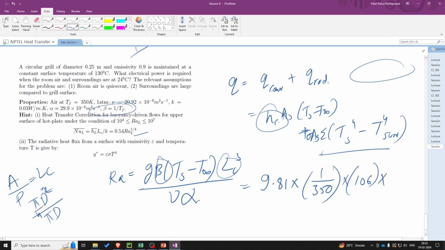So the characteristic length for this circular disc will be d by 4. So this Lc you need to use as d by 4, that is 0.25 upon 4.